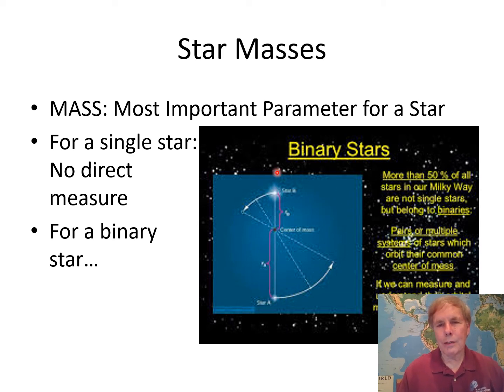And if we watch the stars long enough and we measure the time it takes these stars to go around each other, that's called a period, and we measure the distance the stars are apart, we will be able to actually calculate the masses of these stars. So that's what you need to know. Binary stars are particularly useful for computing masses. And why do we care? Because this is the most important parameter about any star.